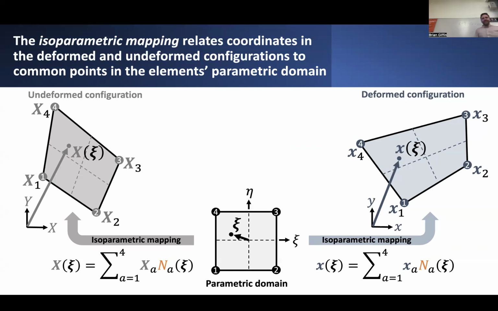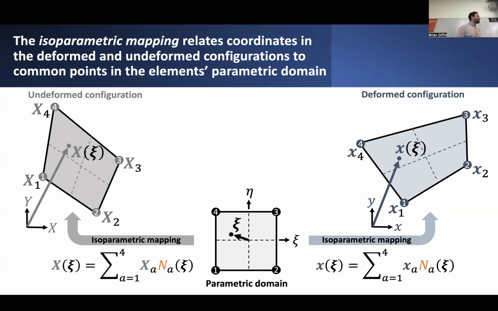In the case of large deformations, there are actually two configurations we can choose to map these parametric points to: points within the undeformed configuration of the structure, or points within the deformed configuration. In either case, the only thing we have to change is which nodal coordinates we plug into the expressions for the isoparametric transformation.